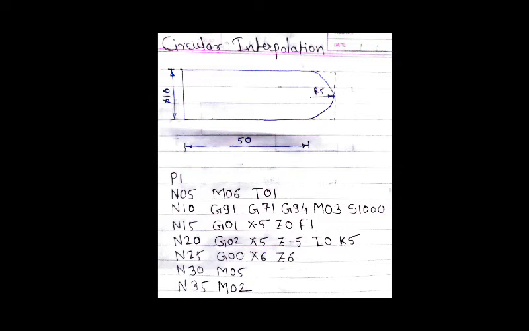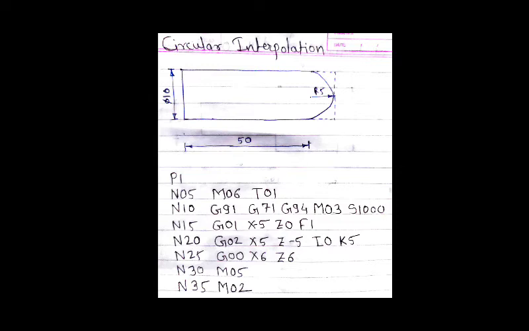M06 is for tool change, that is changing the previous tool to our current tool, M06 T01. Then G91 is for incremental programming.